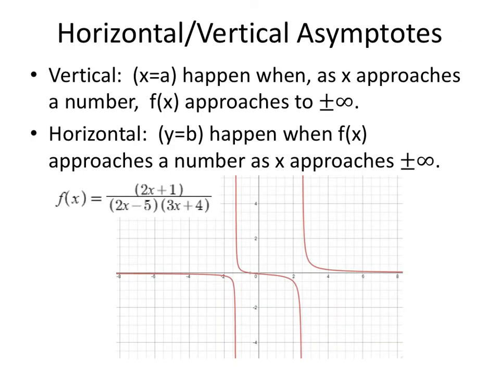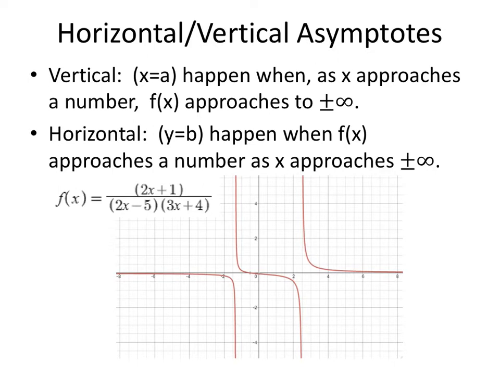Now, horizontal and vertical asymptotes. Vertical asymptotes happen when, remember, these are the vertical lines, they're invisible here, as x approaches a certain number, which is going to be where that vertical line is, the value of my function either goes to positive infinity or negative infinity.